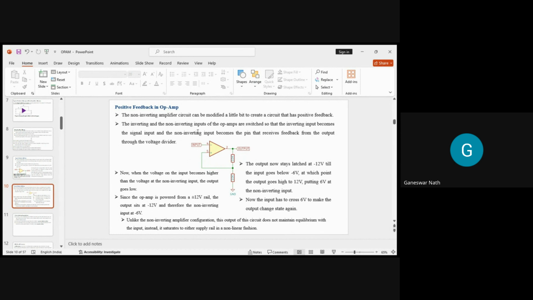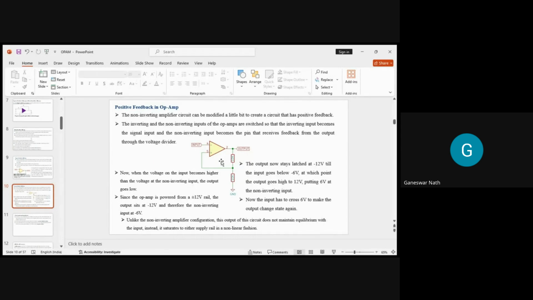The inverting and the non-inverting inputs of the op-amp are switched so that the inverting input becomes the signal input and the non-inverting input becomes the pin that reverses the feedback from the output to the voltage divider here. So you can see this is the diagram for the positive feedback op-amp, where the positive feedback is applied to the non-inverting terminal.